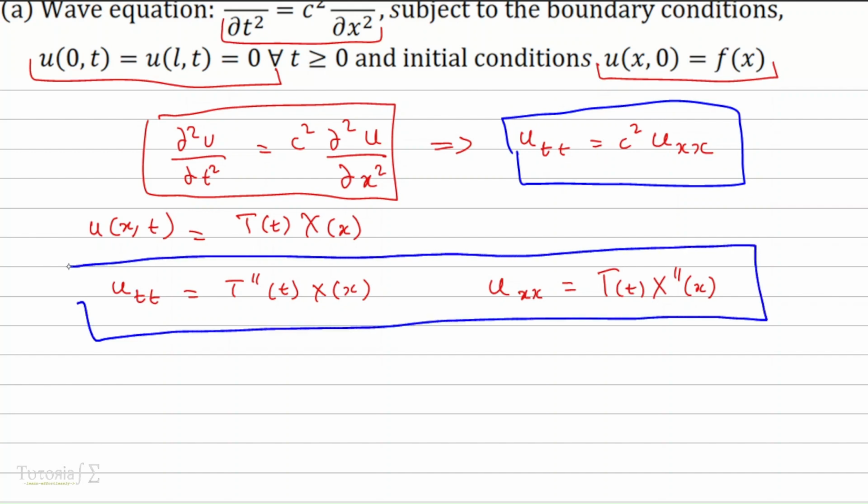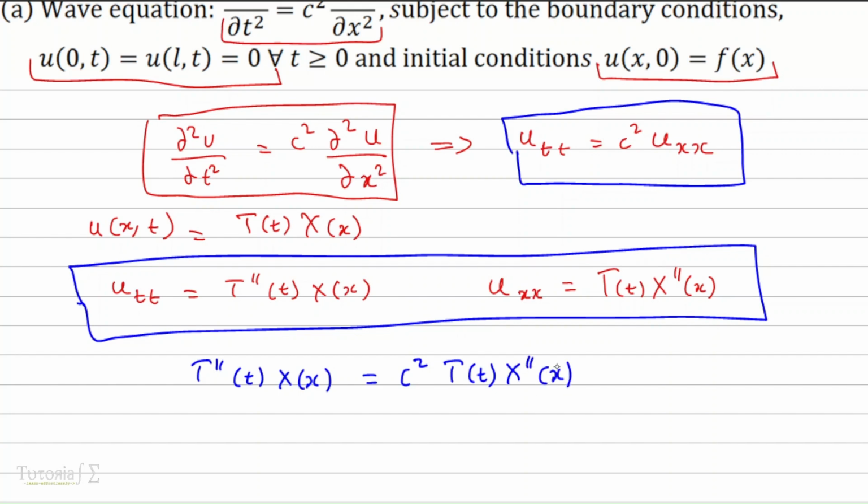Where we have u_tt, we're going to put T double prime of t, X of x, is equal to c squared. Then we're going to have T of t, then X double prime of x.